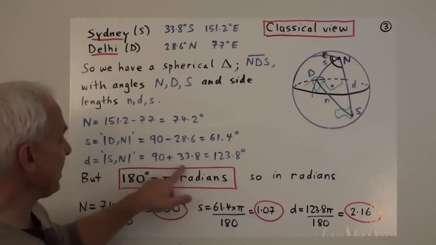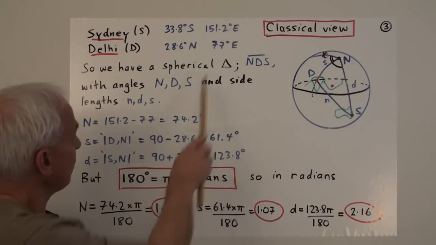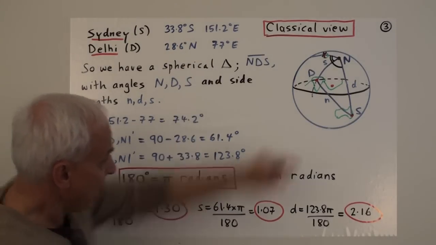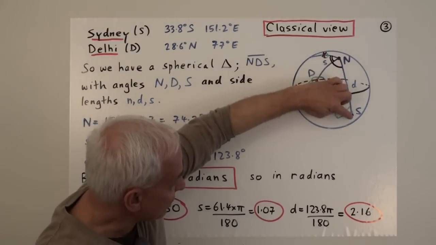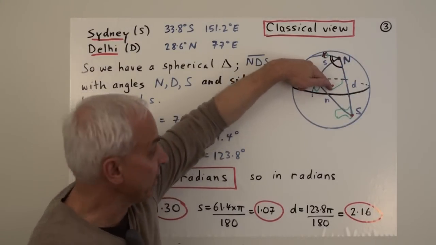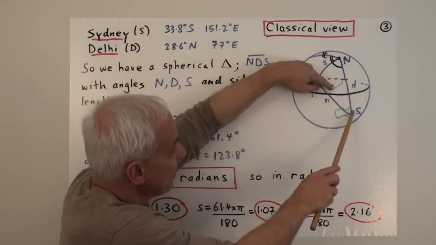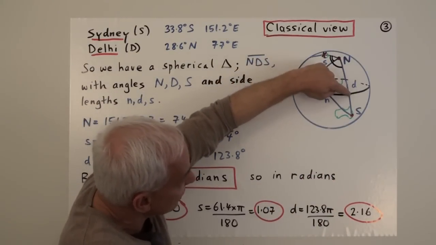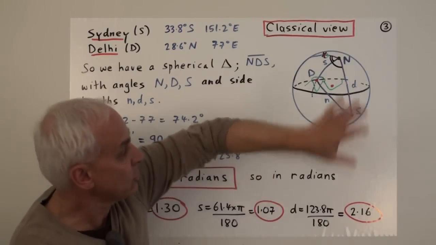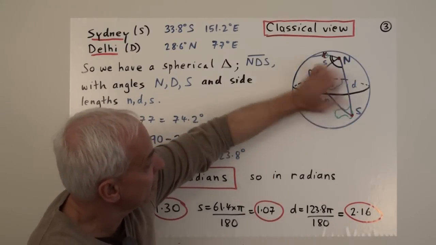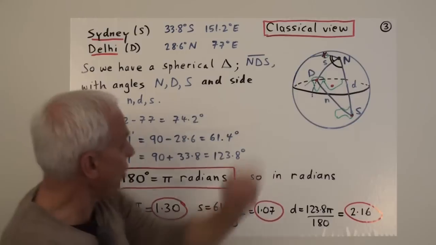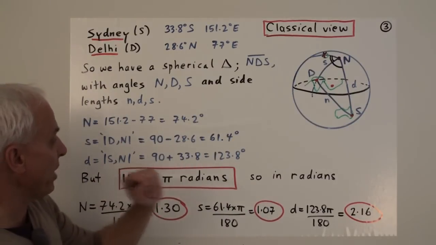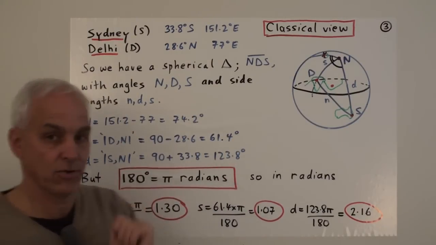And similarly for Sydney, which is at 33.8 degrees south. That means the angle from here to here, subtended at the center, is 33.8 degrees. To go from Sydney to the North Pole is another 90 degrees added on, so the total angle between Sydney and the North Pole is 90 plus 33.8, which is 123.8 degrees.